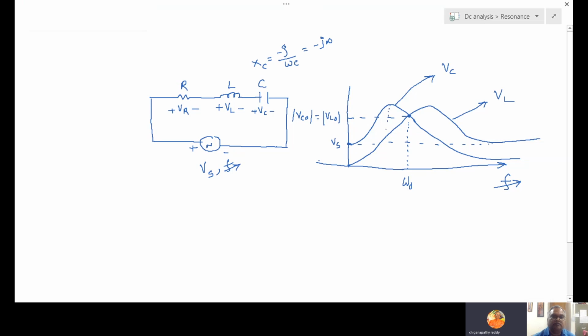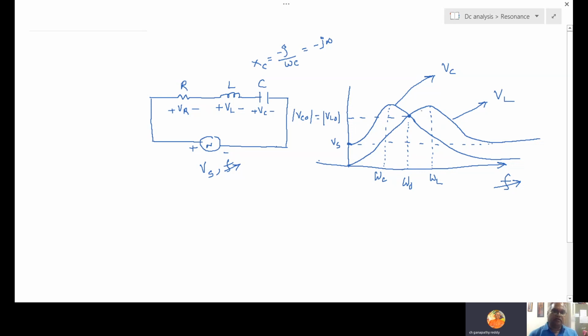VC highest value is coming here, at some omega C. VL maximum is coming at some other frequency, omega L. At omega L, VL is maximum. At omega C, VC is maximum. At omega naught, both are equal but less than the maximum values of VC and VL.